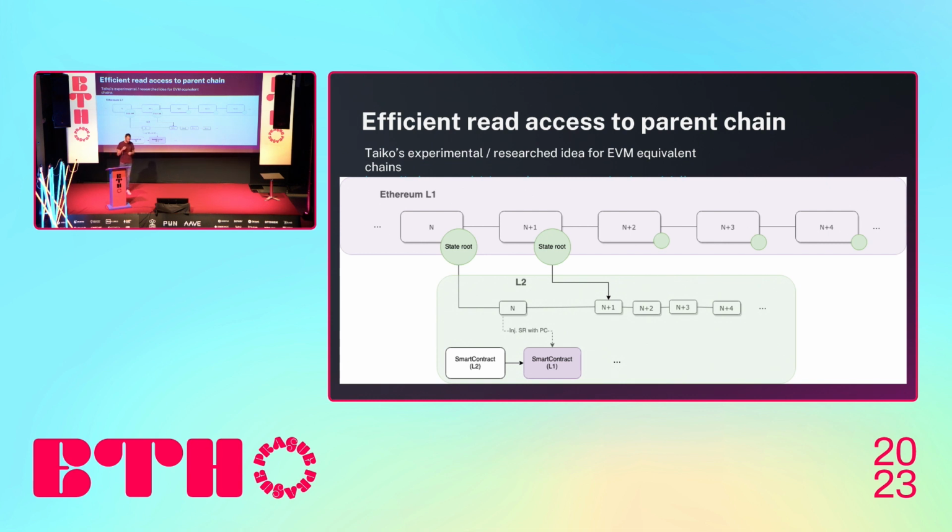But so we're synchronizing down the state root, and when an L2 contract tries to access data on L1, basically the precompile is getting activated, and via this precompile, it changes the state root to the L1 state root, and it's actually calling the L1 smart contract while the precompile is active.